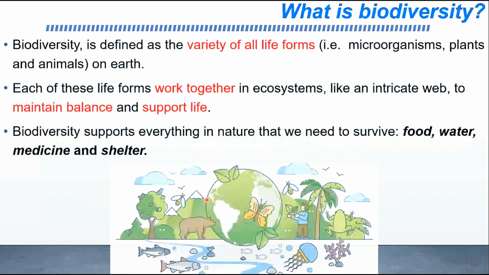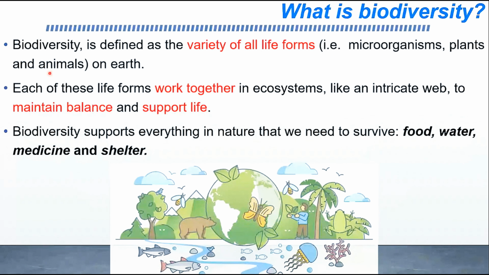Right. Now, as I told you, everybody knows what is biodiversity. Biodiversity, by definition, means the variety of all life forms. Variety means the different kinds of all the living organisms that are present on the face of the earth. Like we have microorganisms, we have plants, and we have animals. I'm a zoologist and I work on animals.